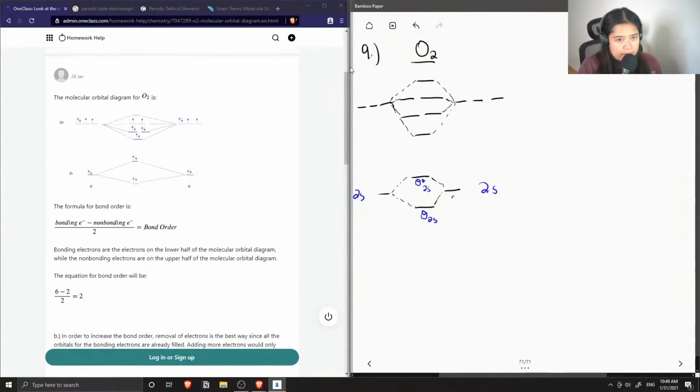Now at the top here, we have our 2p orbitals. And we have the sigma 2p. And at the top here, we have our pi orbitals, so pi 2p.